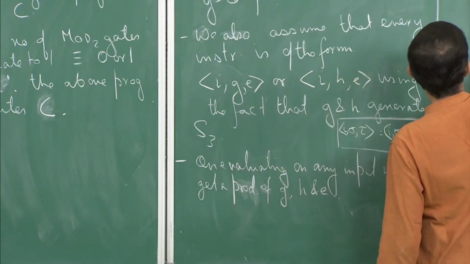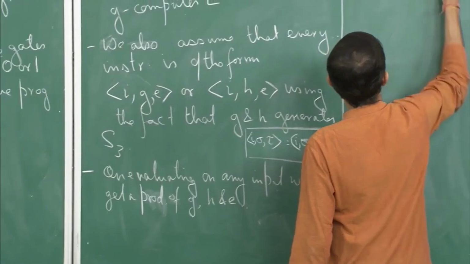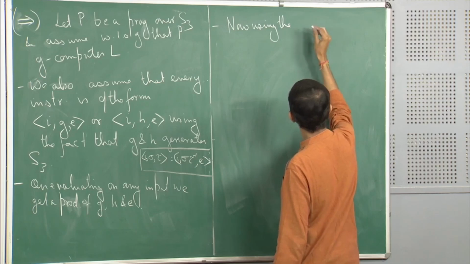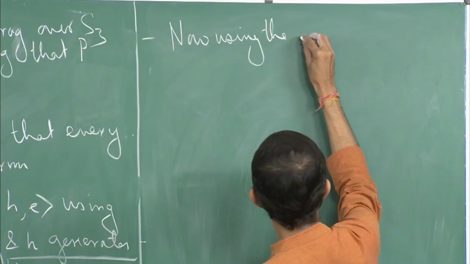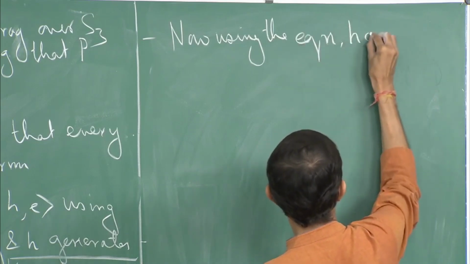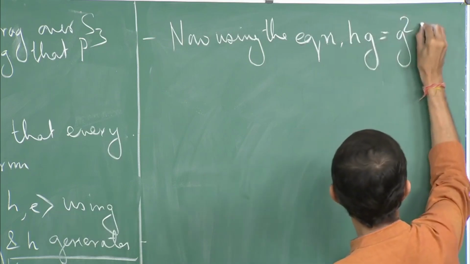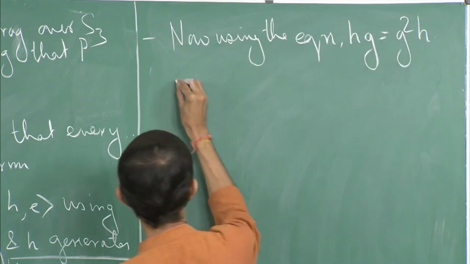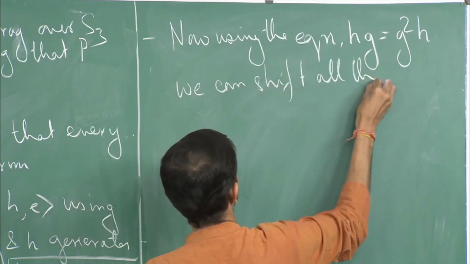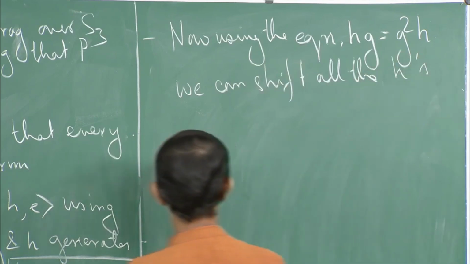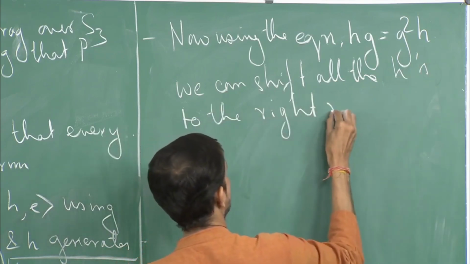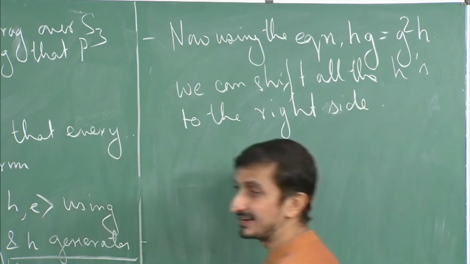Okay. Now, using the equation that H G equals G square H, we can shift all the H's to the right side of the product.